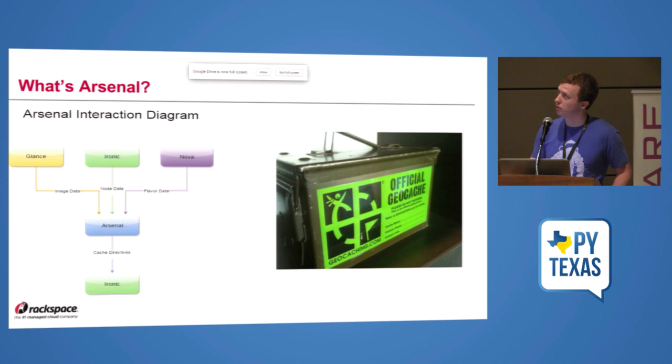And you might ask yourself, well, why would I want to do that? The answer being, you can provision the nodes a lot more quickly if the operating system is already on the machine. And you can see an example of a cache right there in real life.